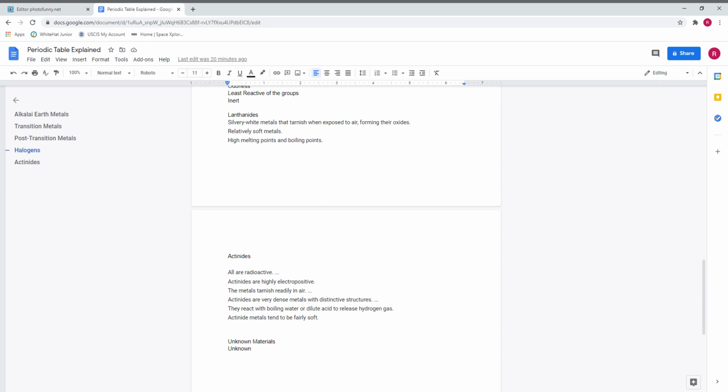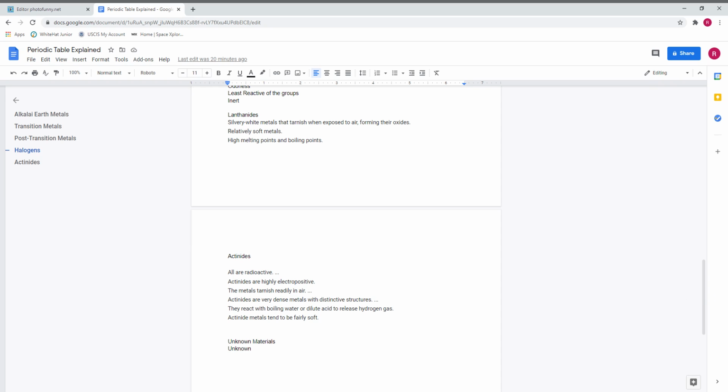Actinides are the type of element you would not like to be near. They are all radioactive. Actinides are highly electropositive. The metals tarnish readily in air. Actinides are very dense metals with distinctive structures. They react with boiling water or dilute acid to release hydrogen gas.